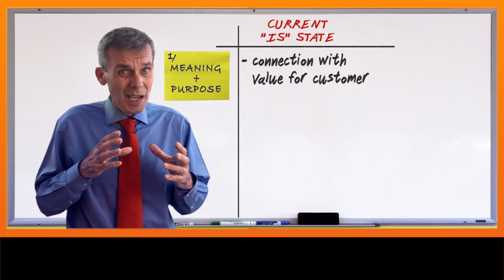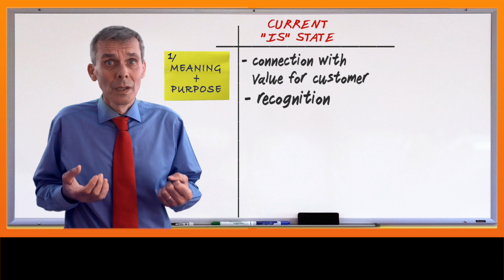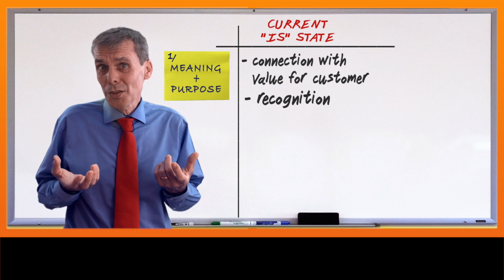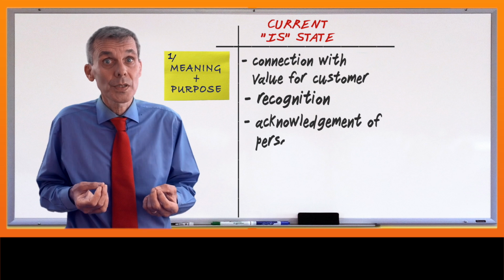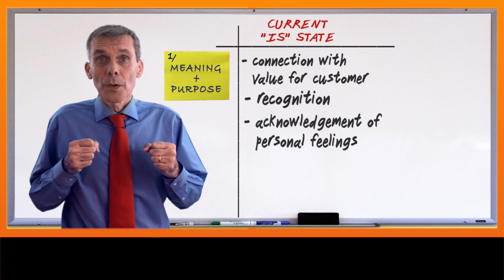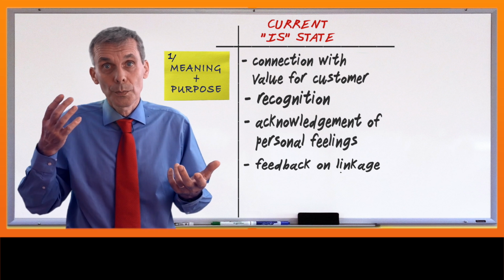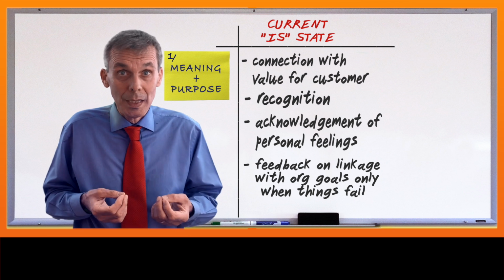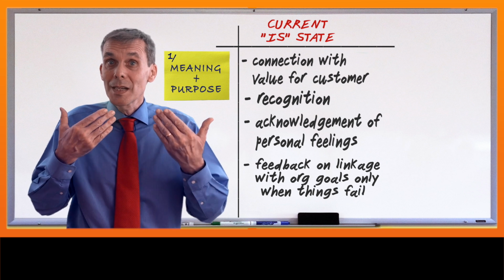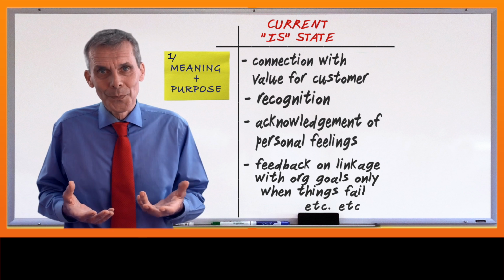Secondly, not much emphasis is put on recognising the value of individuals' work. Thirdly, managers don't seem to think people's personal feelings about the meaning and purpose of their work are relevant. Fourthly, linkage of the individual's work and the broader organisational effort typically only comes up when something breaks and individuals receive negative feedback and frustrations, and so forth.